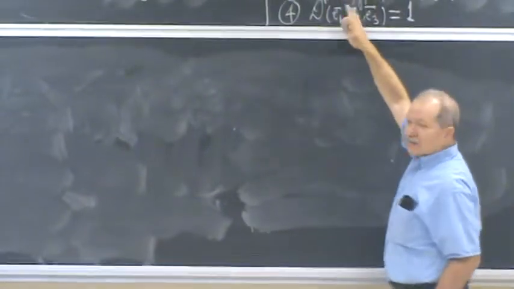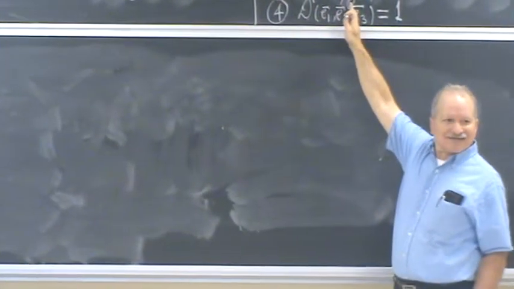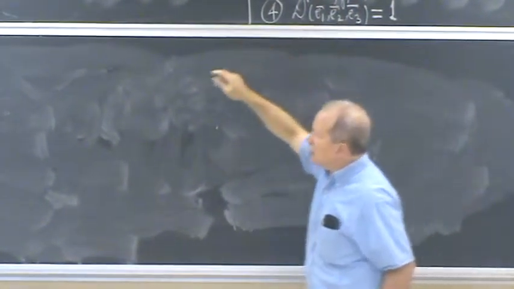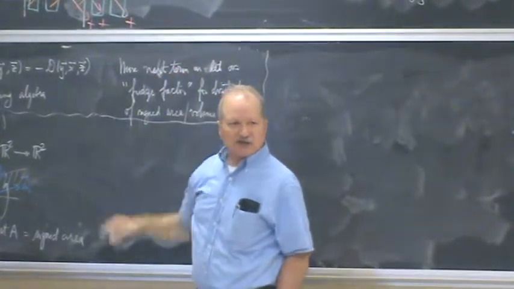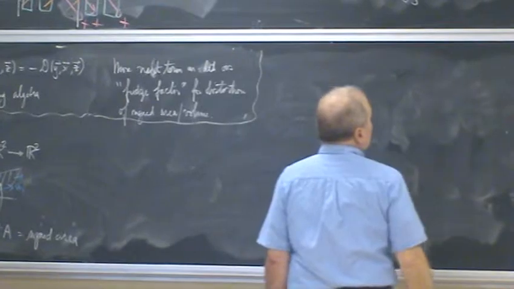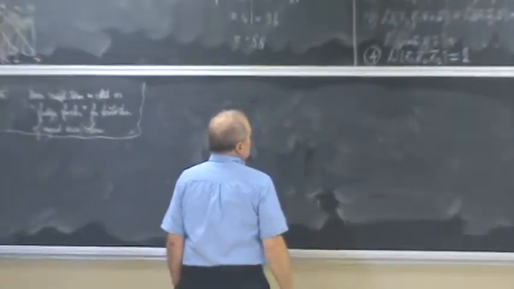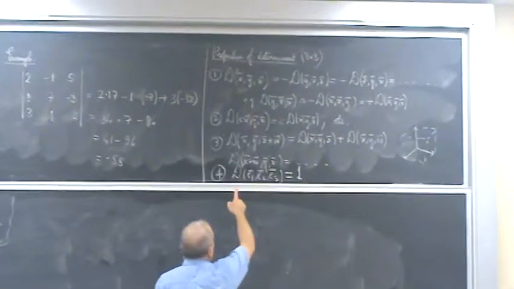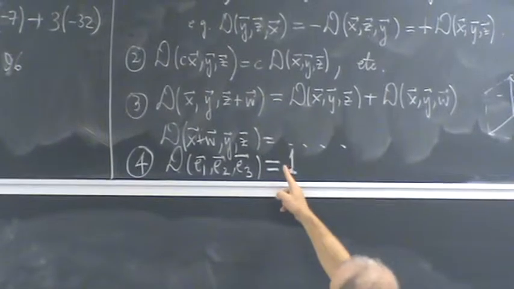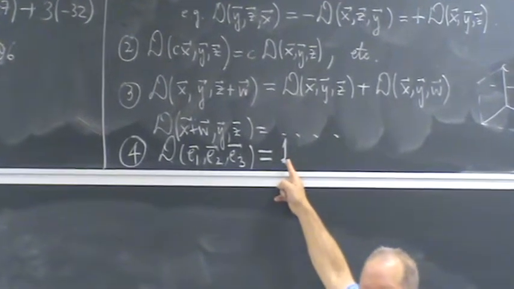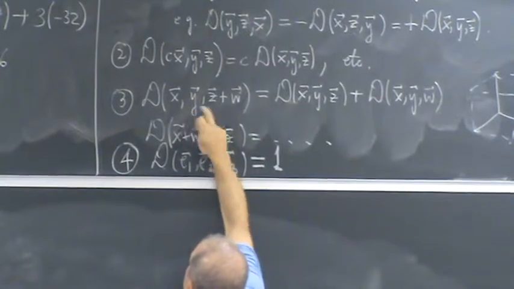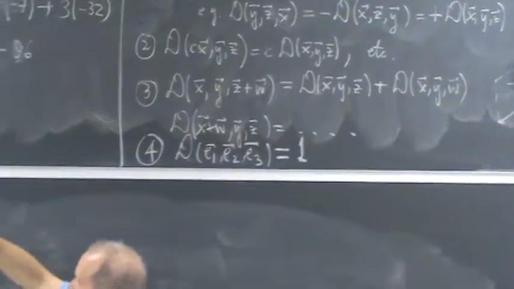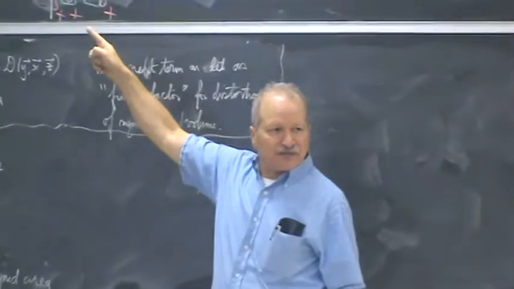Verifying 2 is obvious. If you put a scalar in, either it pulls out of the x's or it pulls out of the y's or the z's by what we did for 2 by 2's. This linearity, what happens with a sum, we already proved that for 2 by 2's. So if I put the sum in either of these slots, it follows from what we did for 2 by 2's.